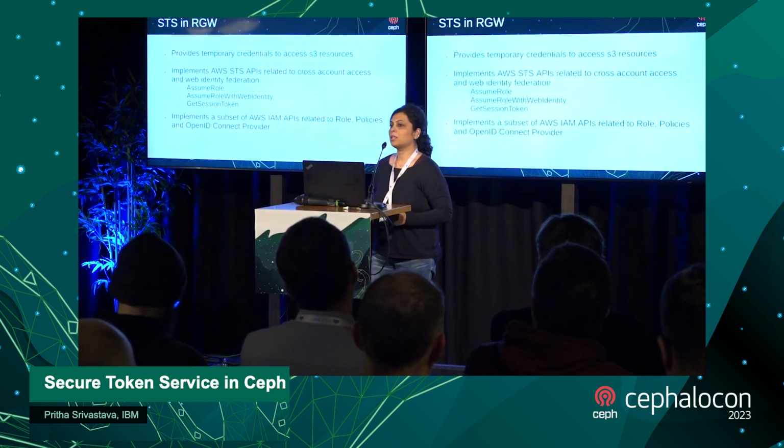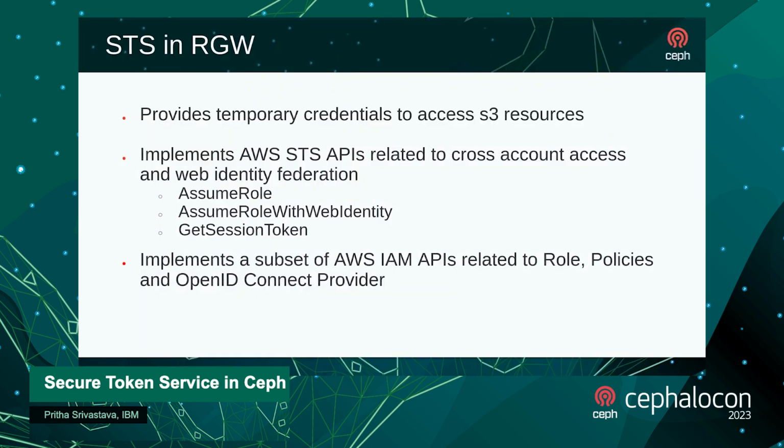So what is currently supported in STS for RGW? All the APIs return temporary credentials. RGW supports a subset of STS APIs, namely assume role with web identity, and get session token.